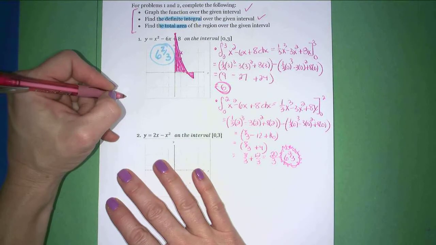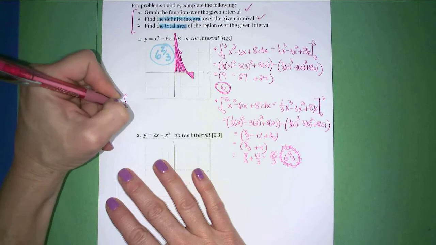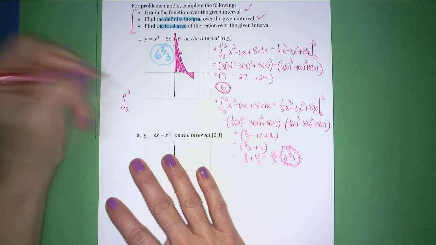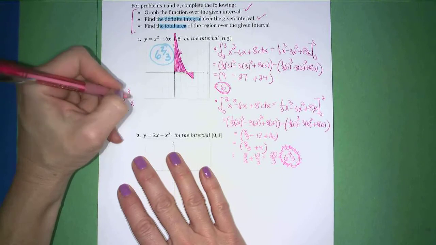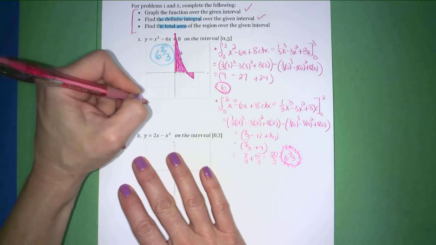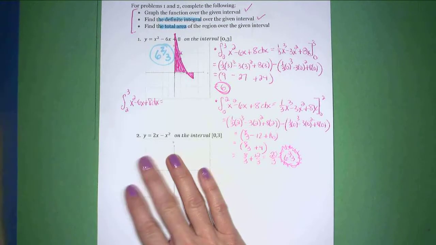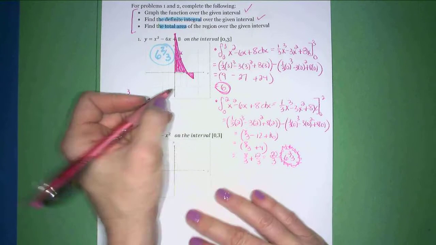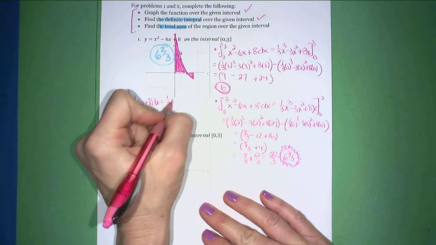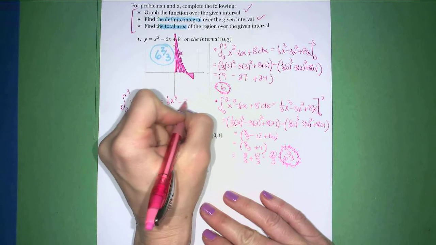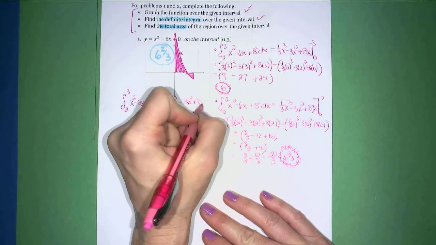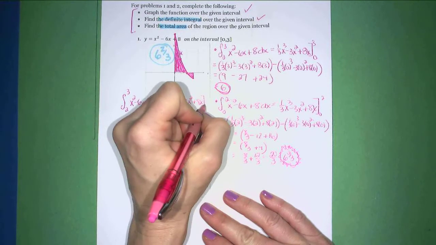So I'm going to take the definite integral from 2 to 3 of the same function, x squared minus 6x plus 8 dx. Once again, the antiderivative is 1/3 x to the third minus 3x squared plus 8x, this time going from 2 to 3.